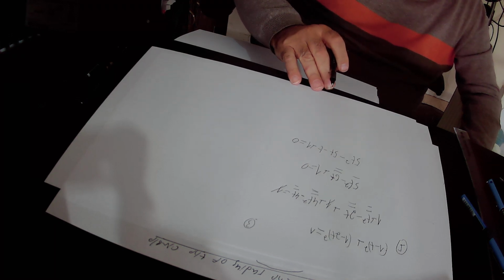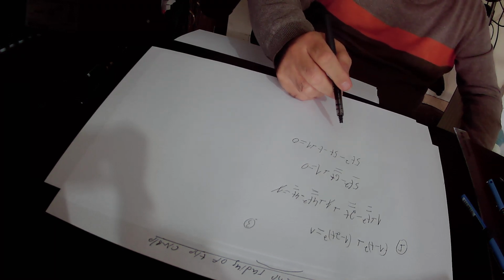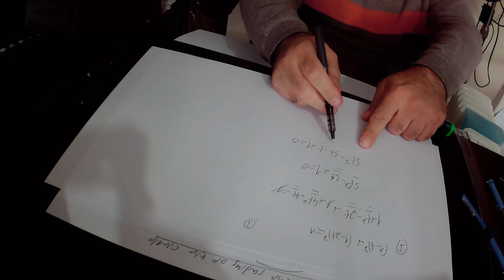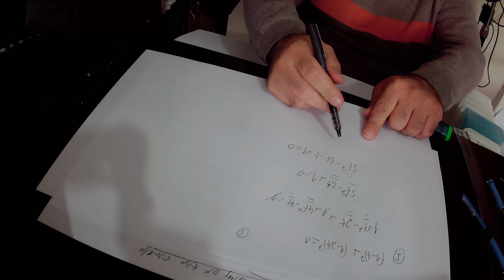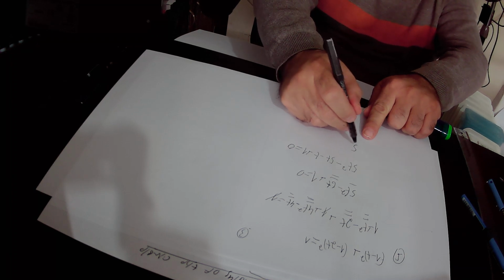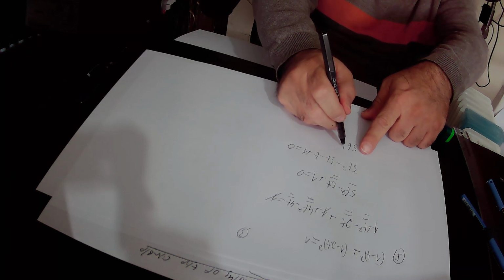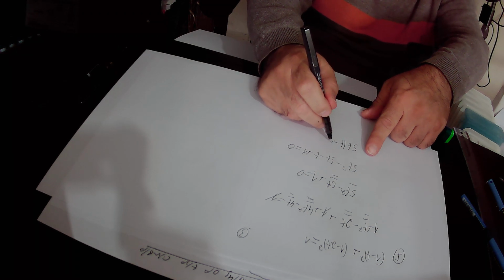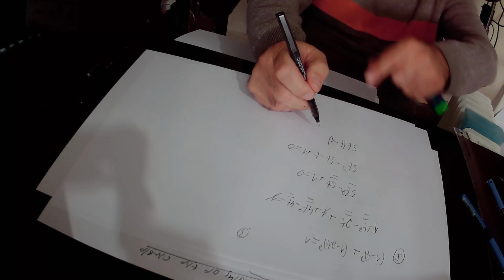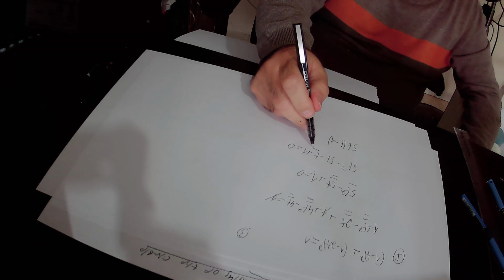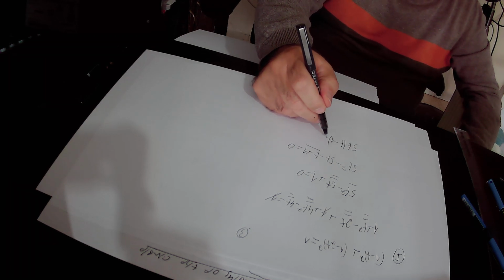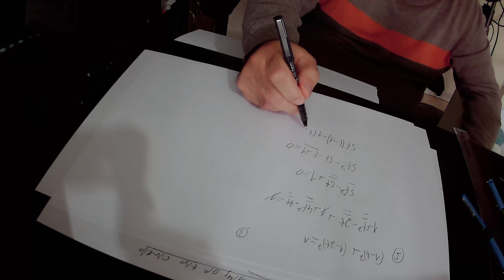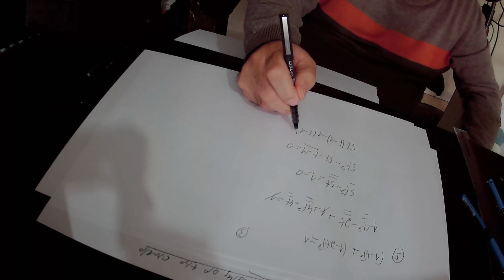In the next step, we'll take out a common factor of 5t from those two expressions. 5t, so inside the brackets we are left with t and minus 1, and we'll take a common factor of minus 1 from those two expressions, so inside the brackets we are left with t minus 1, equal to 0.